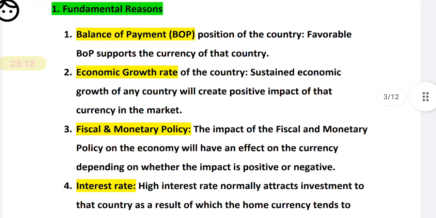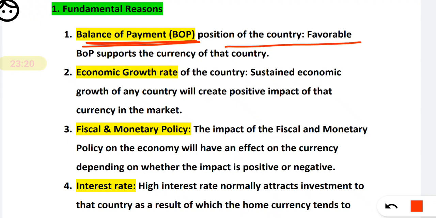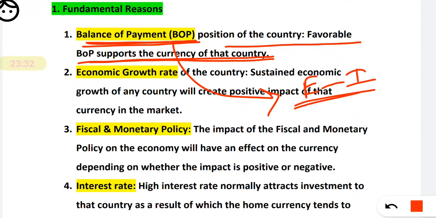What are the fundamental factors? First, balance of payment. A favorable balance of payment position of a country supports the currency of that country. What is the balance of payment in general? In a broad way, I can say it is export minus import. So you are exporting, say, 100 rupees and importing 50 rupees, just for example.